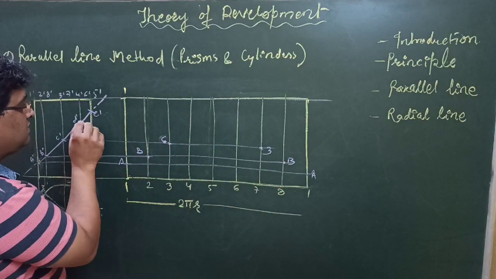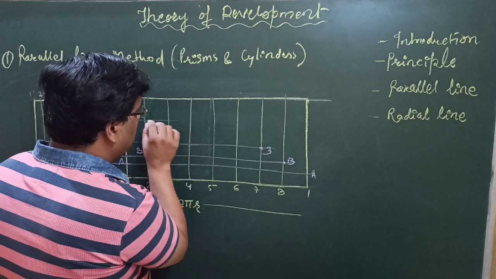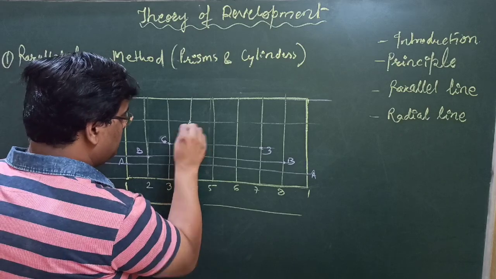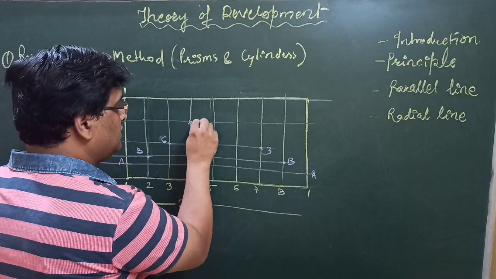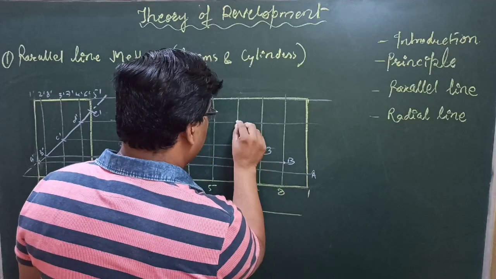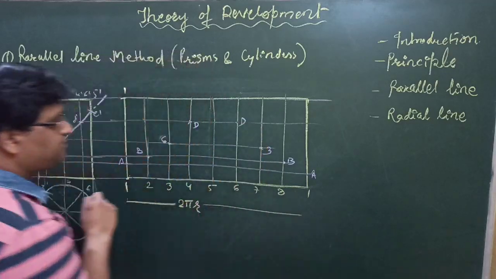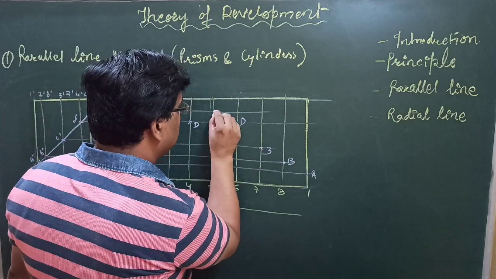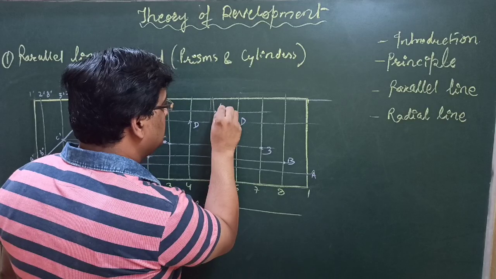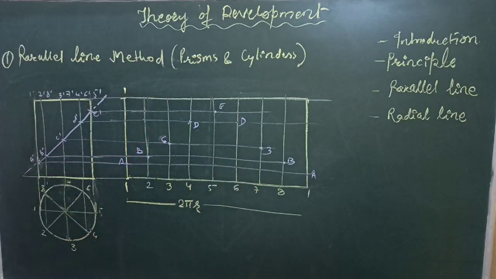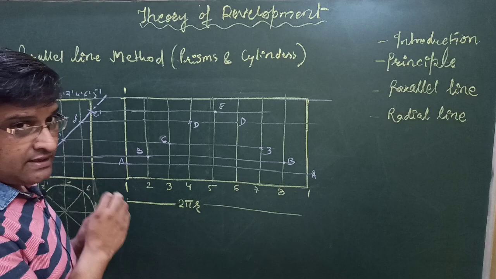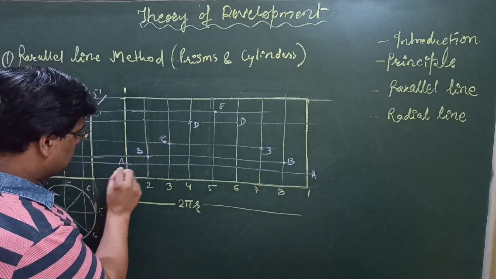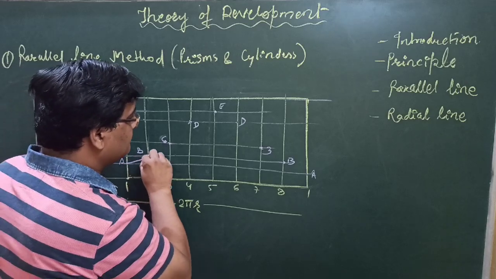Then D on 4 and 6, so this will be point D, this will be point D this side, and the last point on 5, so this will be here, and this is point E. In case of cylinders, you have to join all these points with a smooth curve. So it will be joined like that.